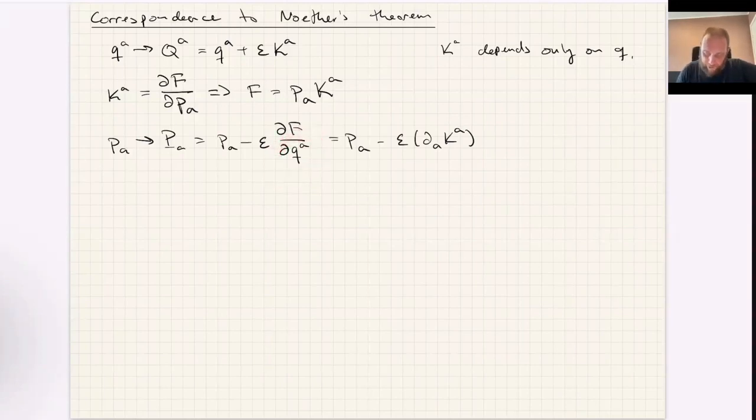I have to change the index to B, K^B p_B, that's just inserting the definition of f here and changing the summation indices to B's instead. Okay, so this is the p transformation. So I now know how p transforms.